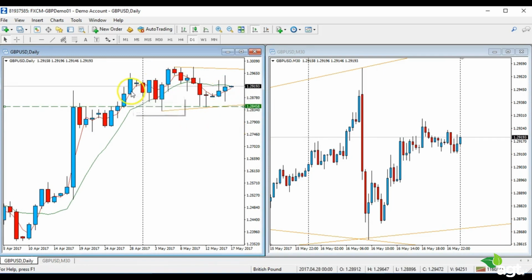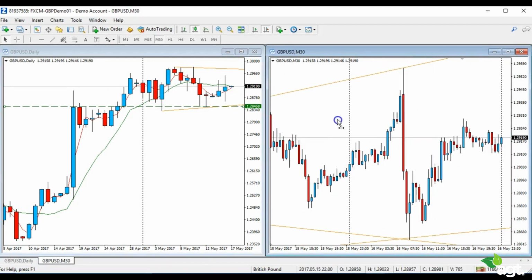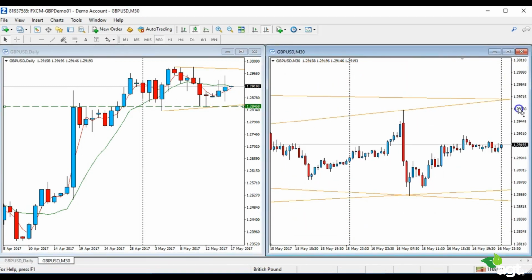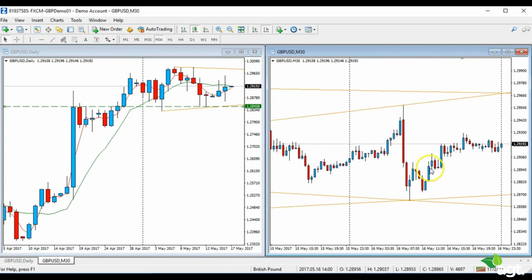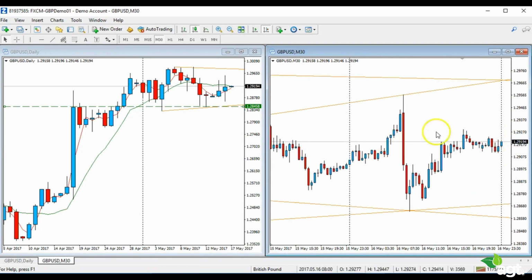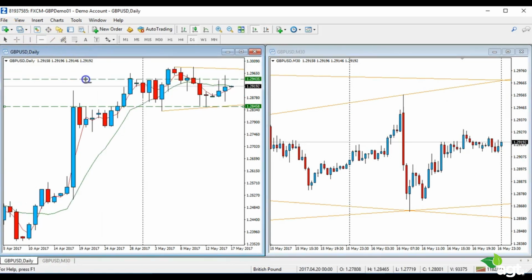So we can see that these daily candles for basically the whole of May have just been moving sideways. So when we do our trading on the lower time frames, if we see what's happening here, there is another level there of resistance.